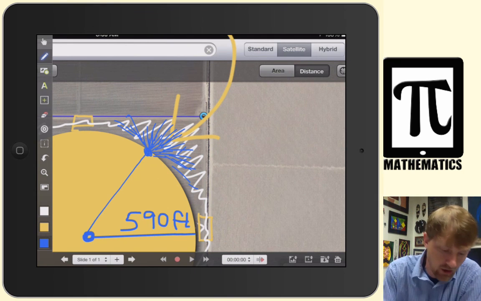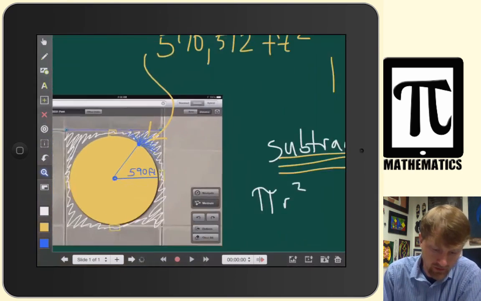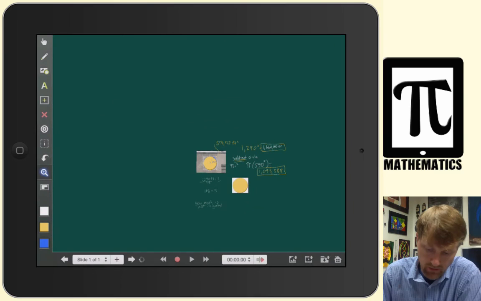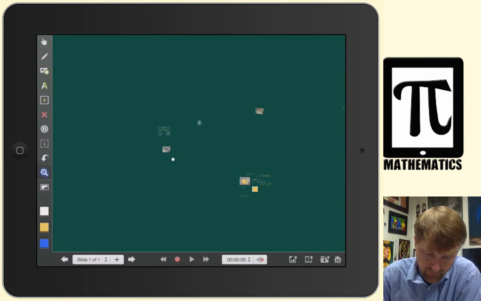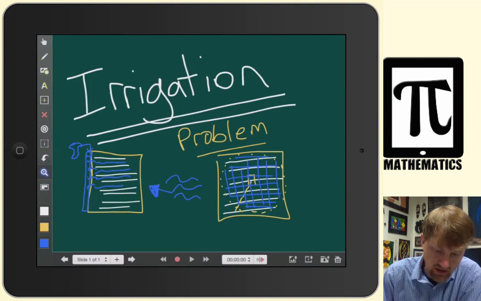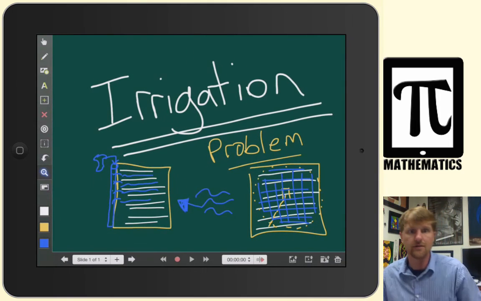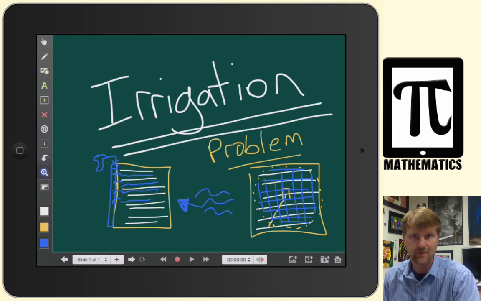But all in all, the point of this whole problem is to get you to see that you can start off with a piece of property that we need to irrigate. We need to get the water to the property when the clouds are not producing rain. And so how do you do it? A couple different ways, and here's one.